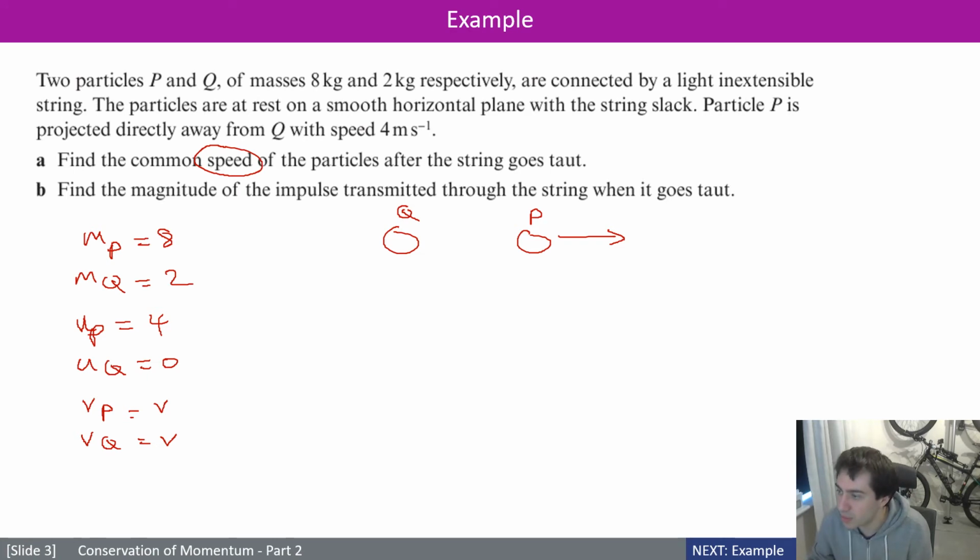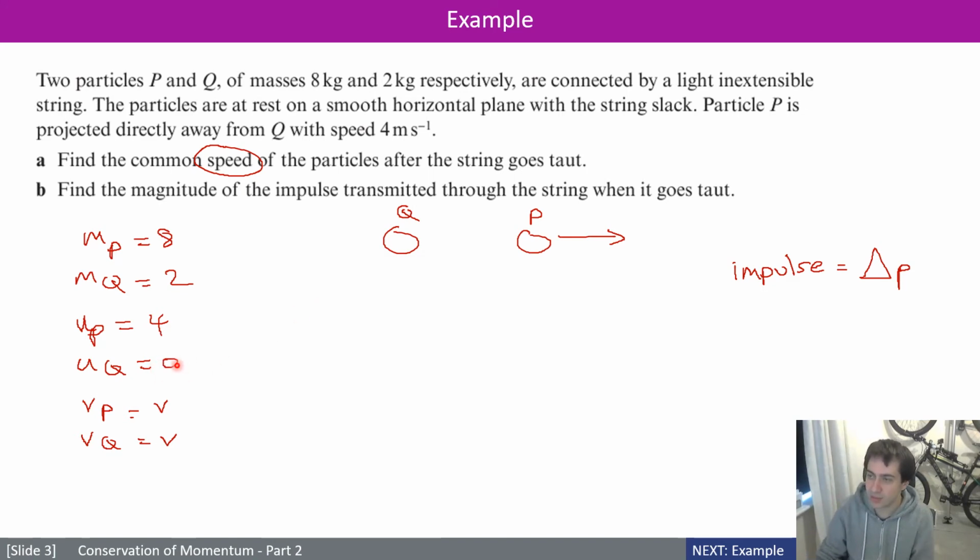And remember, impulse is change in momentum, the change in little p momentum. So just find the change in momentum of either Q or P. Which one's easier? It will be Q, because Q was initially at rest, so its initial momentum was 0.